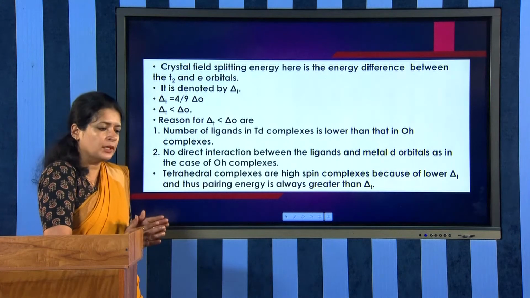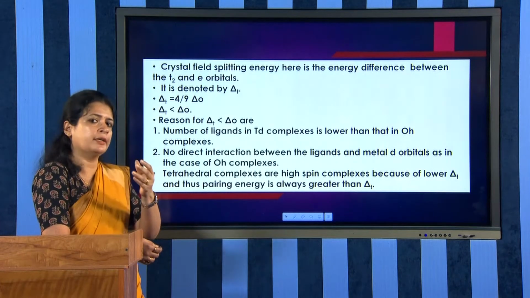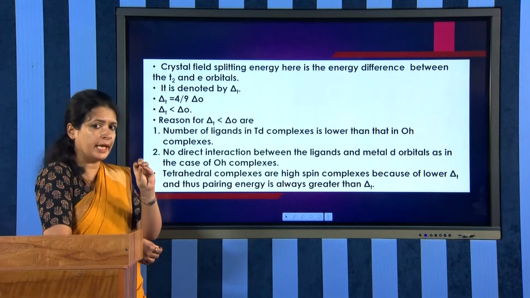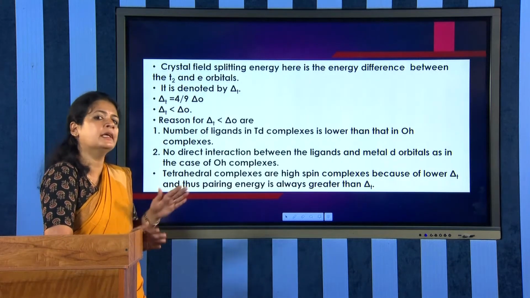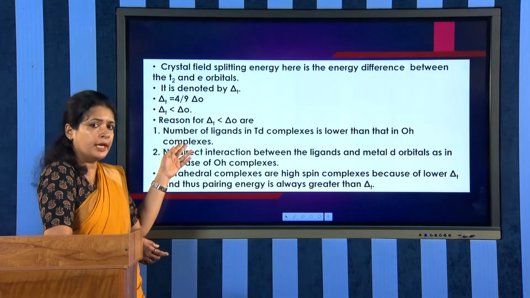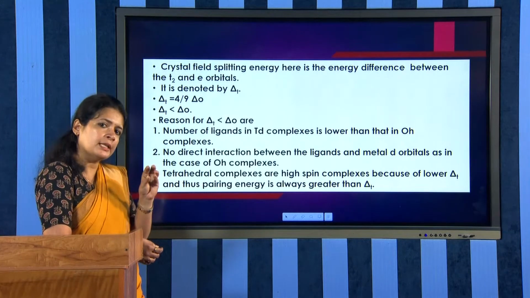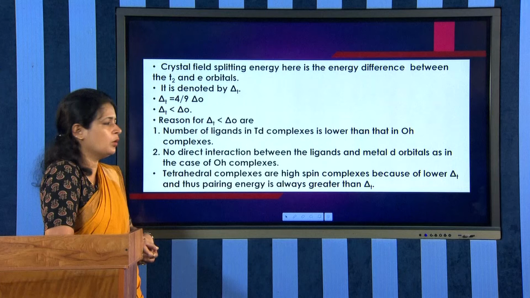That is, the repulsion will be less when compared to the octahedral field. In octahedral crystal field, you have 6 ligands, and due to the presence of these 6 ligands, the splitting will be greater. But in tetrahedral field, you have only 4 ligands. So, since 4 ligands are present, that splitting will be much less when compared to delta O.